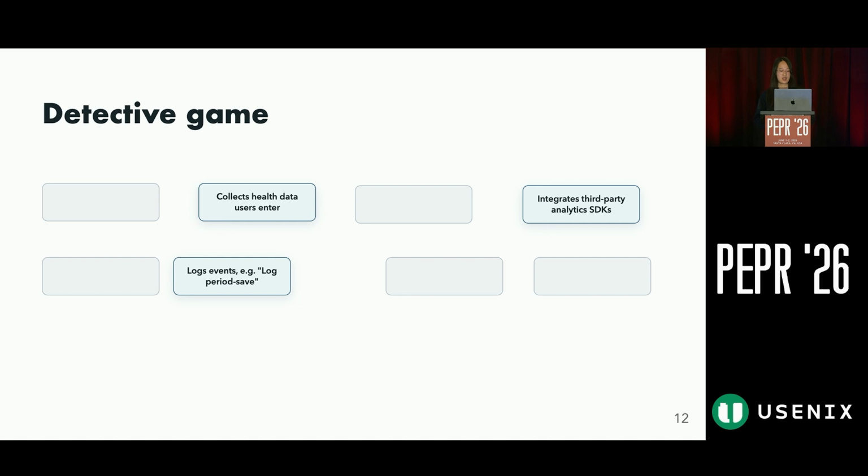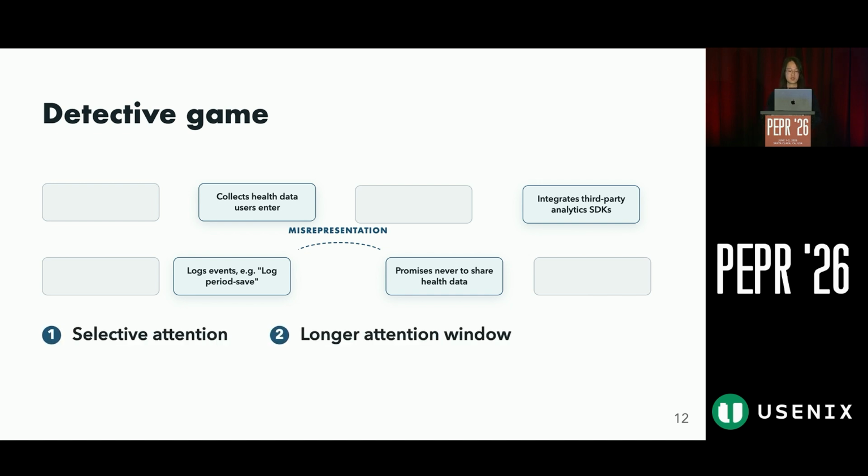Through these SDKs, they log the user's in-app behaviors through descriptive titles. While these events actually reveal users' health conditions, the company promised not to share this health data with others. So this presents a misrepresentation.